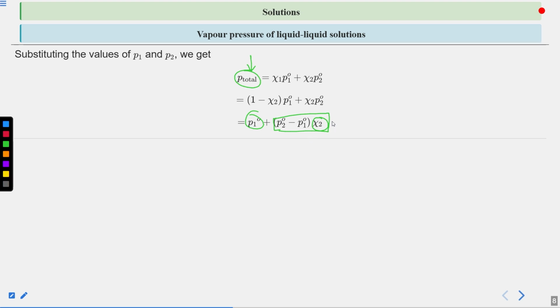So m is the slope here, which is P02 minus P01, and chi2 is our x. If we plot a graph between P total and chi2, we will get a straight line whose intercept will be equal to P01. We will see this graph.